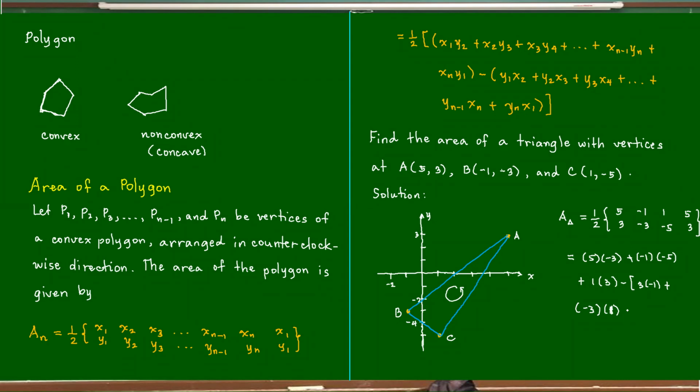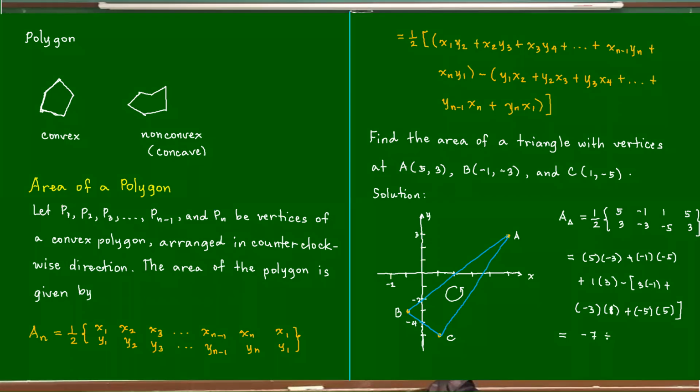And then the last one, -5 times 5. Am I correct, children? What is the first one equal to? You can use calculator. -15 plus 5 plus 3. Is it -7, guys? Yes, sir.